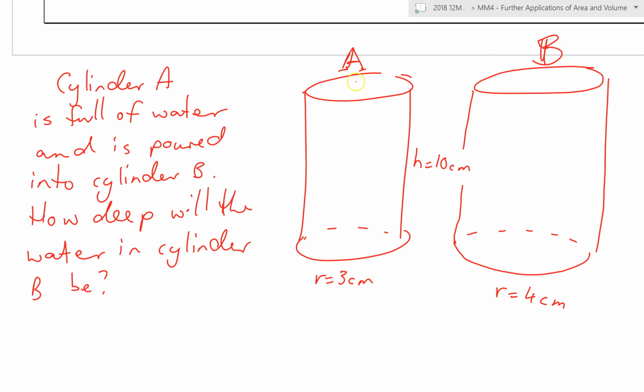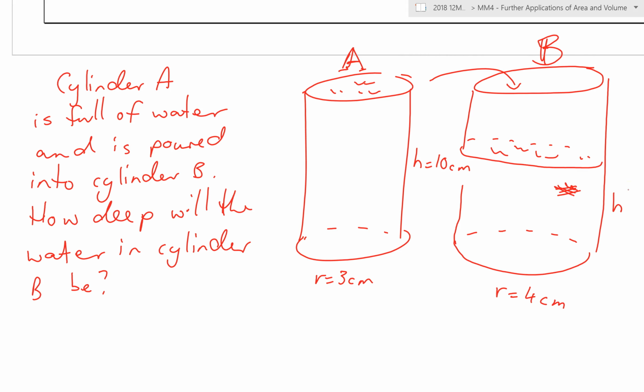So this was full of water, and then we're going to pour it into here, and it's not going to be as high. It's going to be less than 10 centimetres because it's a bigger cylinder. So somewhere around here. There's going to be some water in there. What is this height here?